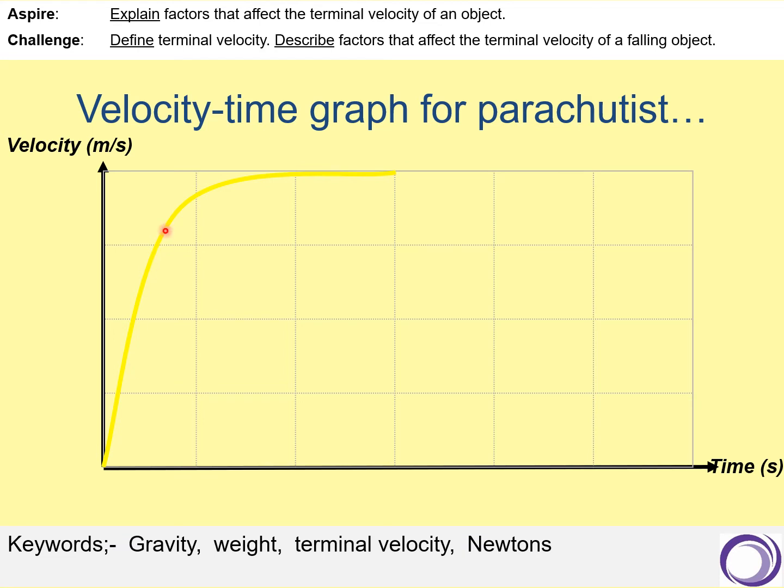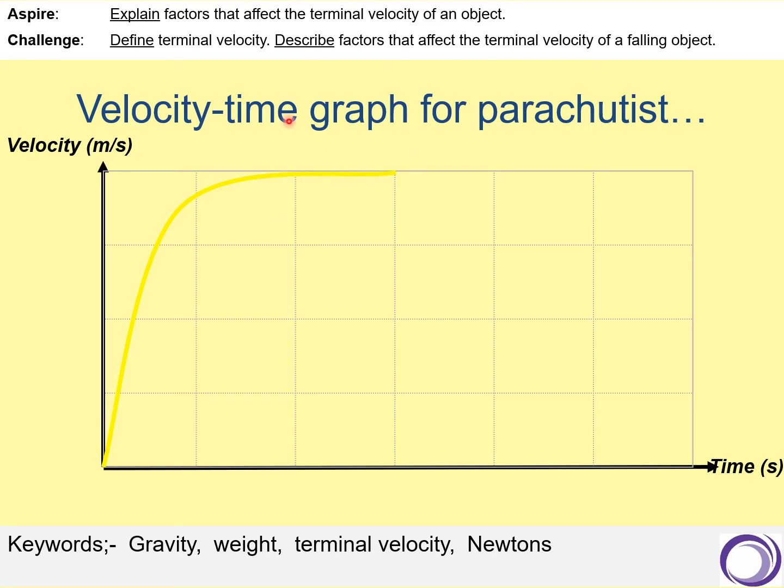And then what happens is, and this is a more interesting bit, you hit something called terminal velocity, and you won't actually speed up any faster. You will go at around about 54 meters per second. So you jump out of your aeroplane, you will increase in speed, that's this bit here, you will accelerate, and then eventually you'll hit a speed and you won't fall any faster.